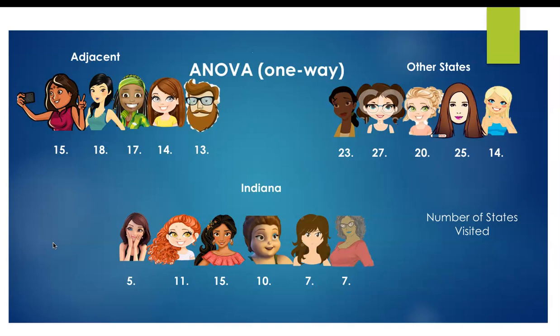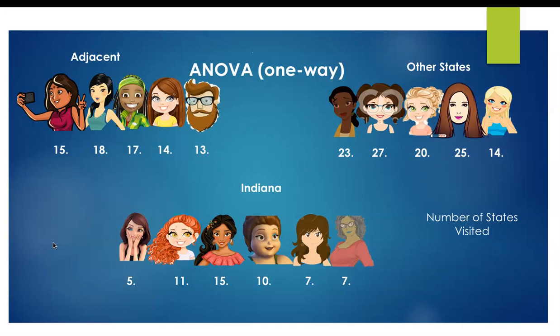So the residents of Indiana have visited 5, 11, 15, 10, 7, and 7 states respectively. Those from adjacent states, 15, 18, 17, 14, and 13. And those from other states that aren't Indiana or an adjacent state, 23, 27, 20, 25, and 14.